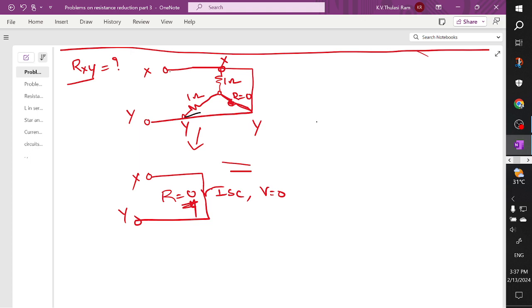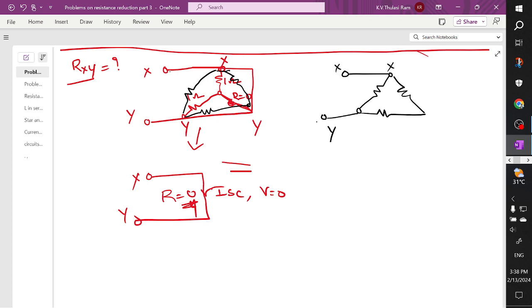I want a delta network. So this is one delta, and this is another delta, and this is another branch for the delta. So now X I have here, and this X I am constructing, and I am having one element like this, and here I have one more element, and here I have one more element. This is nothing but Y.